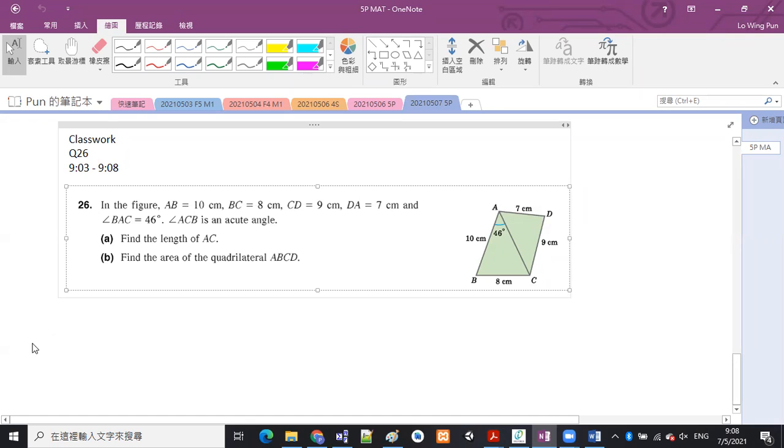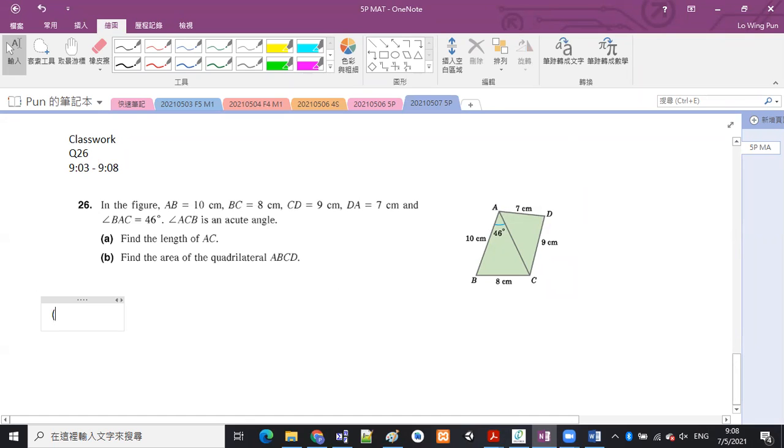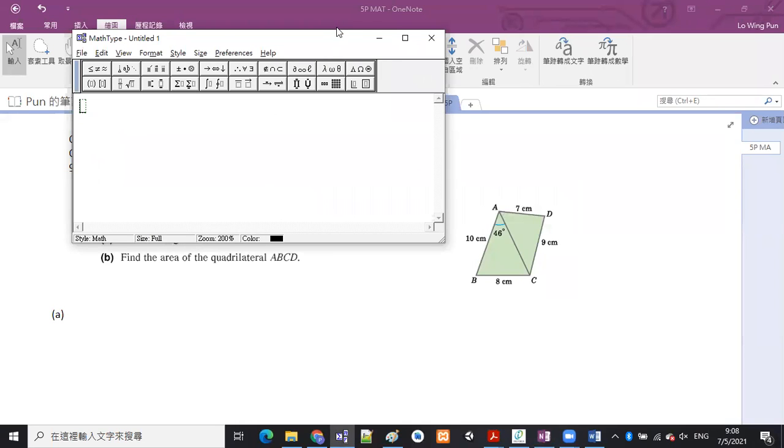Okay, so let's do it. In triangle ABC, I want to use the sine formula to find angle C first. So I'm going to put sine angle C, or angle ACB, on the top left corner, divided by 10 because it is the corresponding length, and it is equal to the other pair, sine 46 degrees divided by 8.